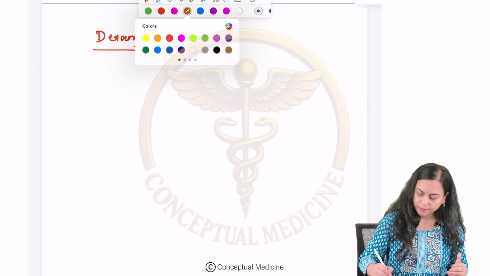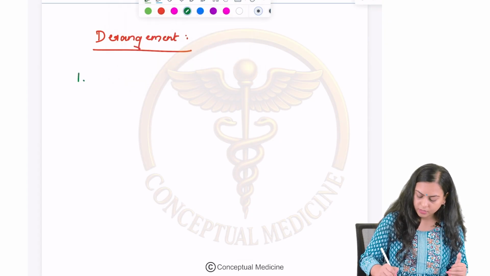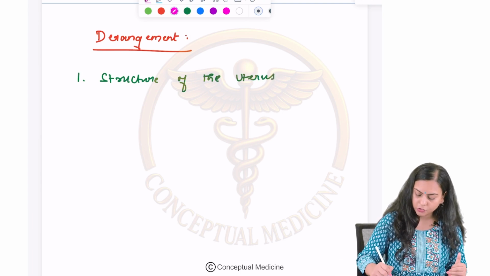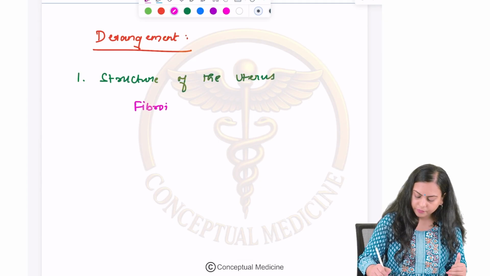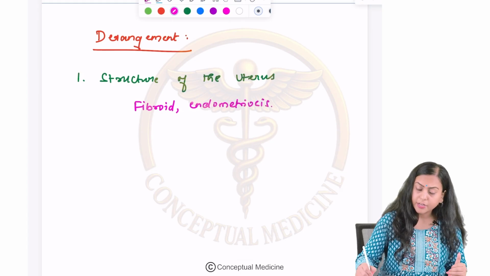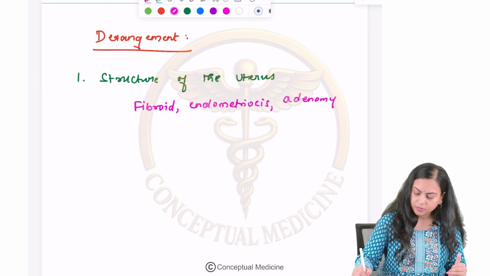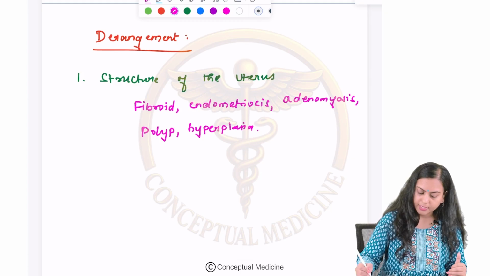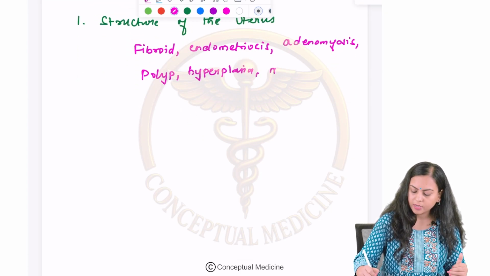Say in the structure of the uterus, that can happen due to fibroid, endometriosis, adenomyosis, polyp, or even hyperplasia. Okay, and yeah, obviously malignancy also.